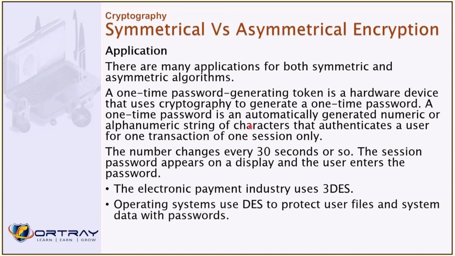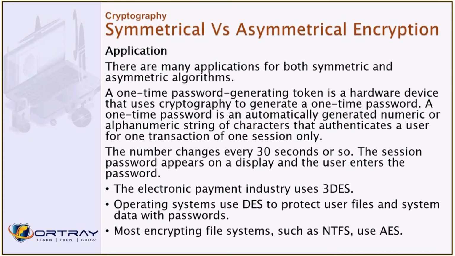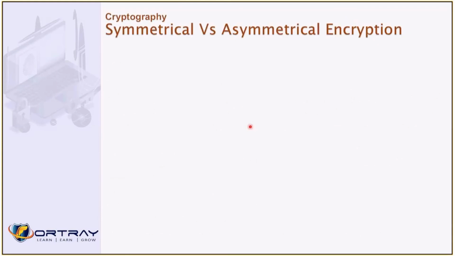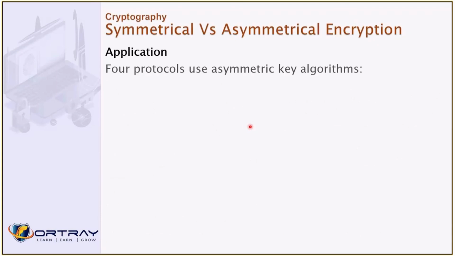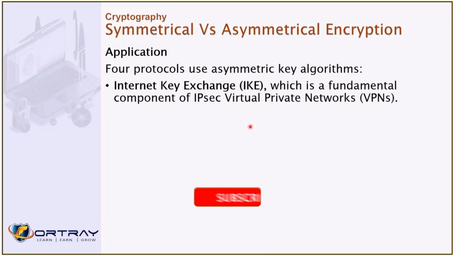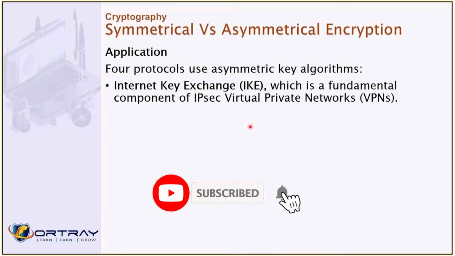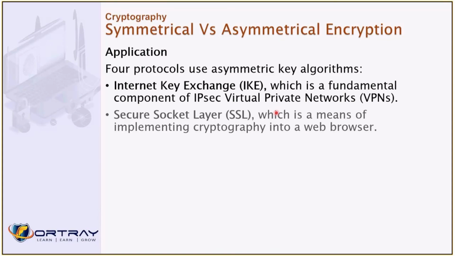The payment industry, for example, uses 3DES, using 3DES for file and system data with a password. Also, four other protocols use asymmetric key algorithms. IKE, which is a fundamental component of IPsec, we'll discuss in detail.